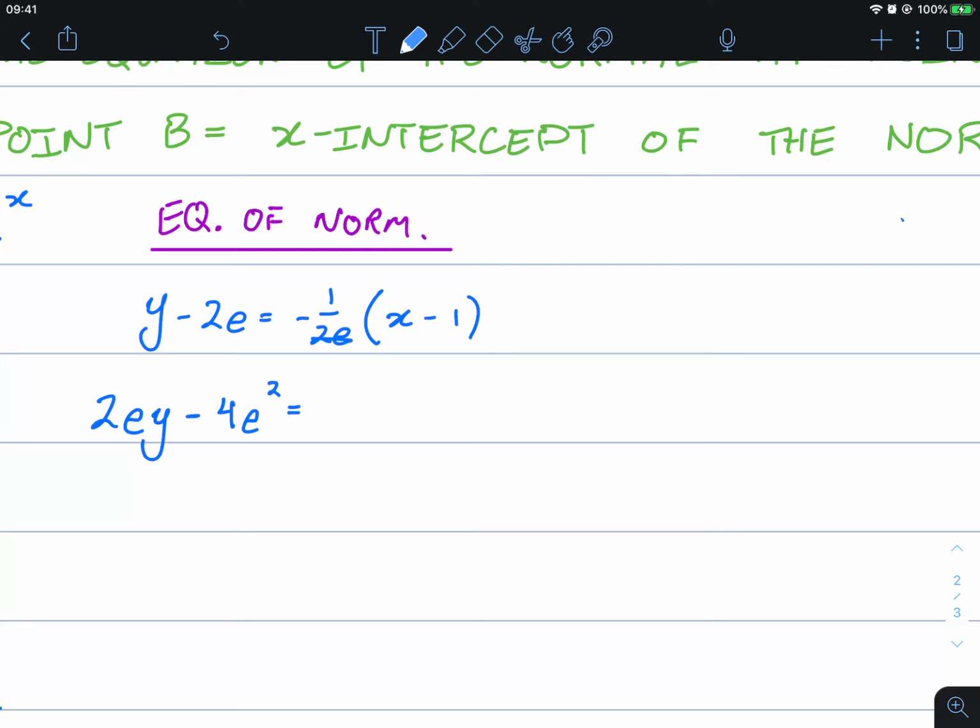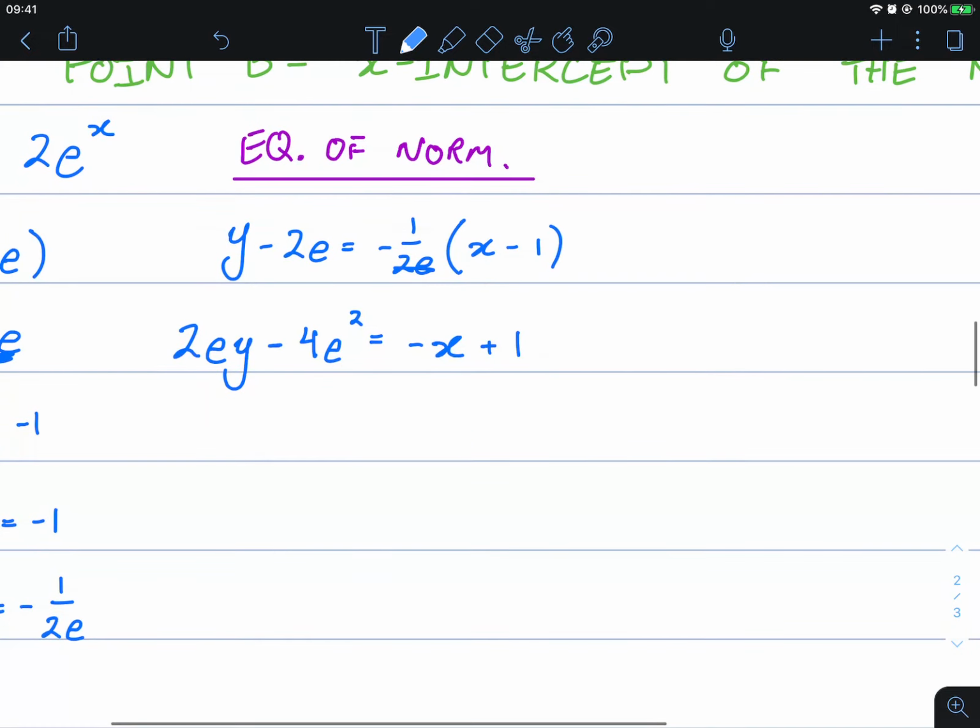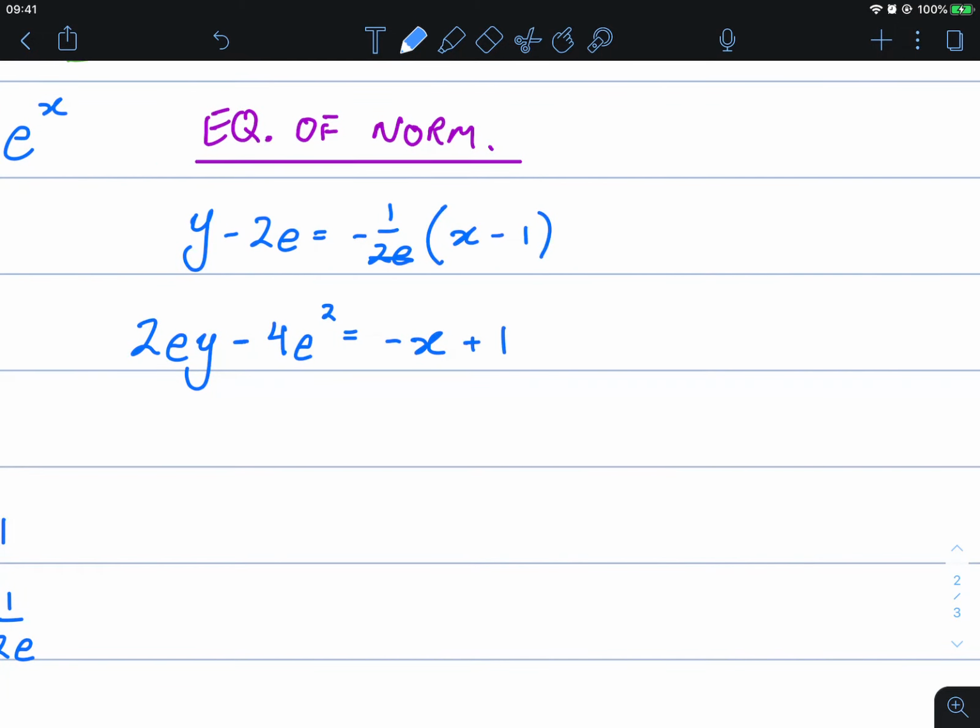The 2e cancels out, leaving us with negative 1 times the bracket, that's negative x plus 1. Moving this to general form, I'm going to move x to this side. This becomes positive x plus 2ey minus 4e squared. Moving negative 1 to this side, we're left with minus 1 equals 0.